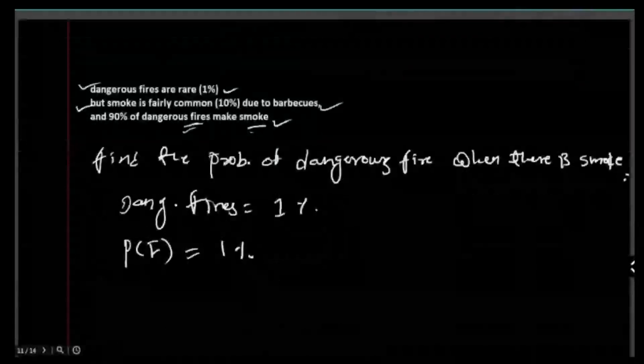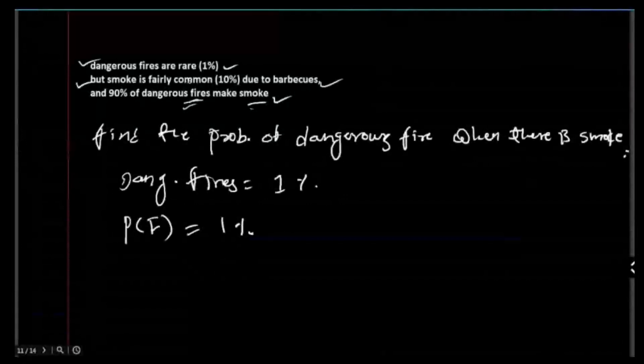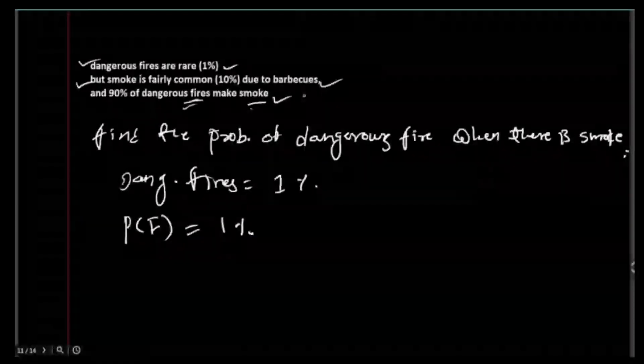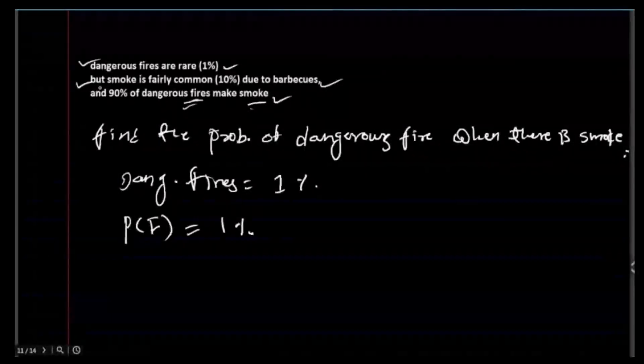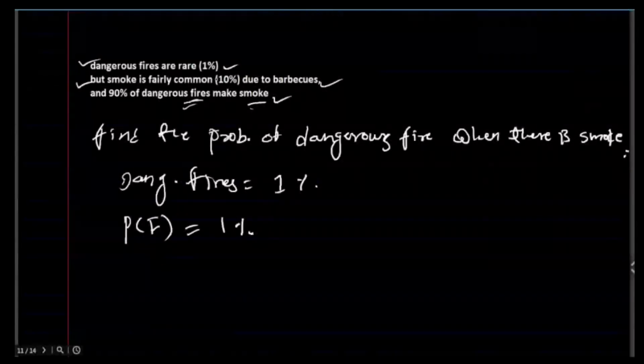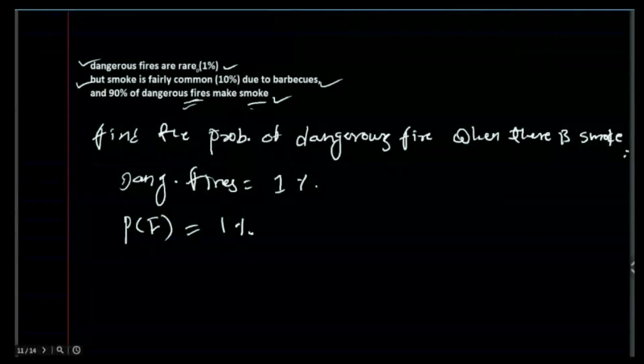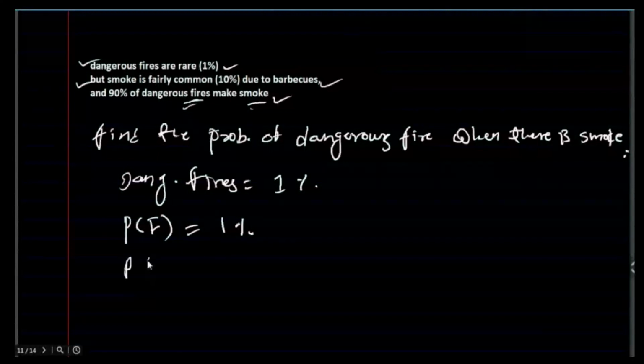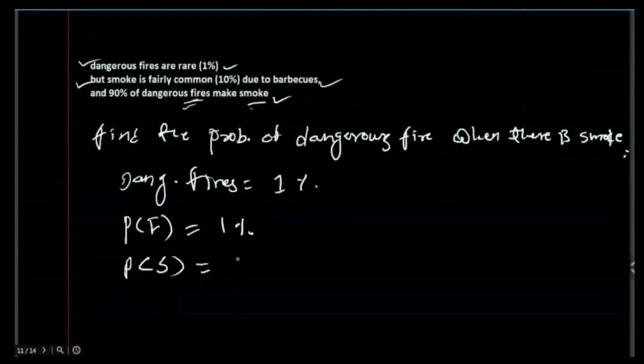The second piece of information is that smoke is fairly common, 10%, due to barbecues. That means the probability of smoke compared to the probability of dangerous fire is more, that is 10%. So the probability of smoke is equal to 10%.